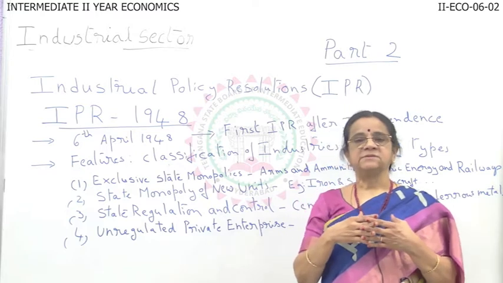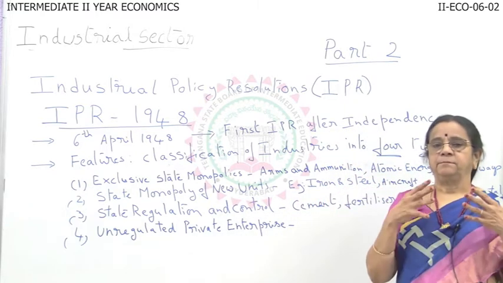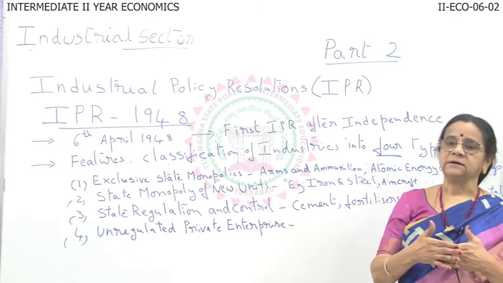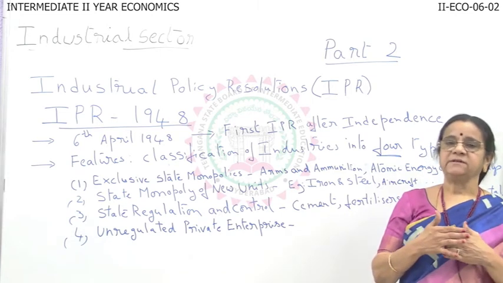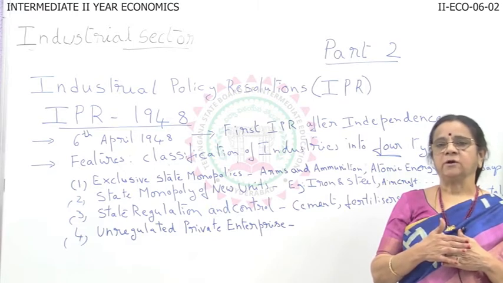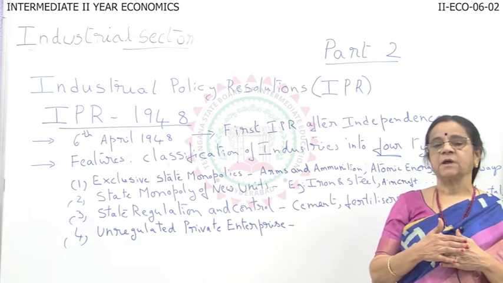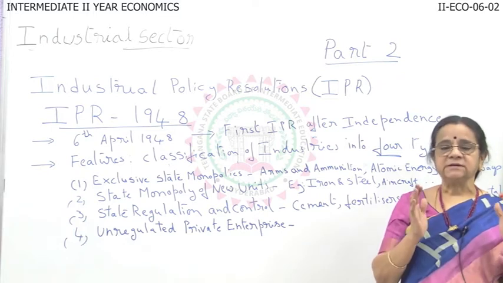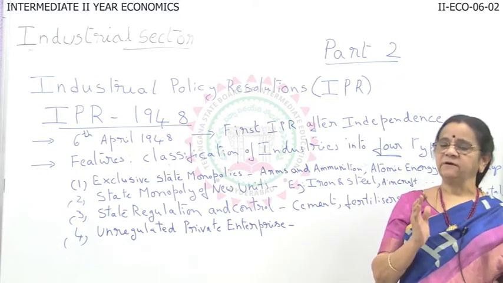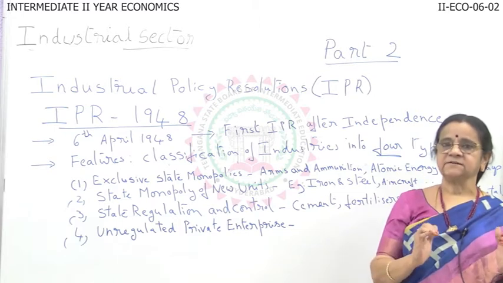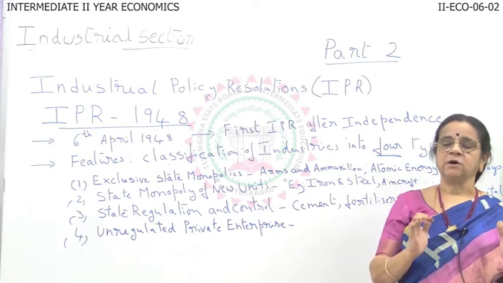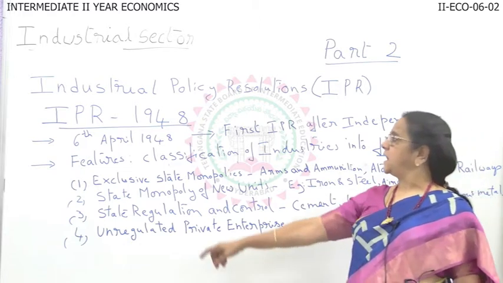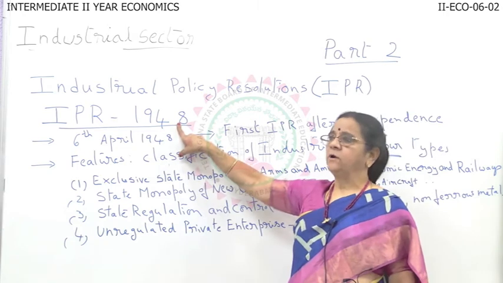Since India became just independent, entrepreneurs do not know what would be the attitude of the government with regard to taking over of industrial units or expansion of industries. So to clear the doubts in the minds of private enterprises, the first industrial policy of independent India was announced in the form of IPR 1948.